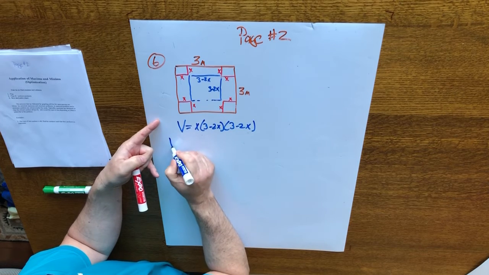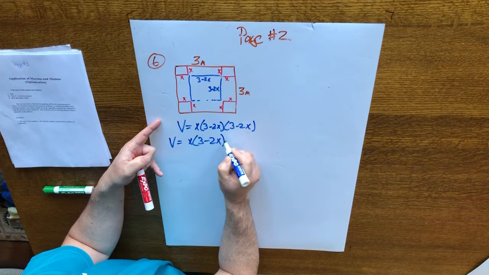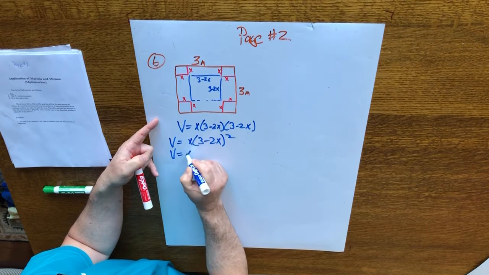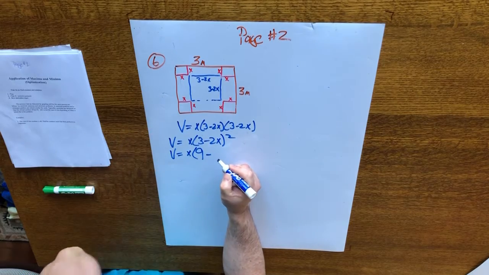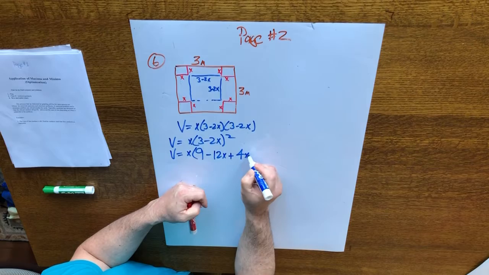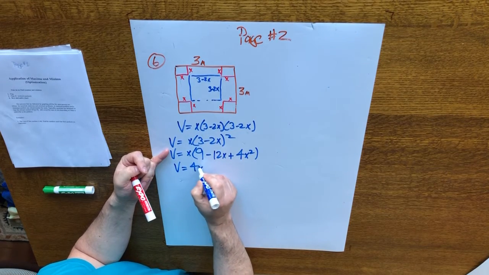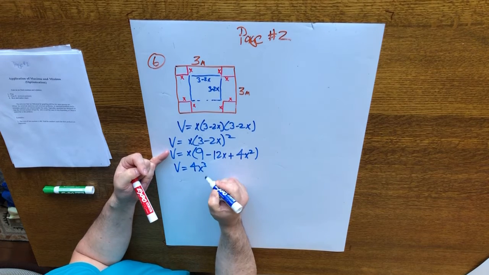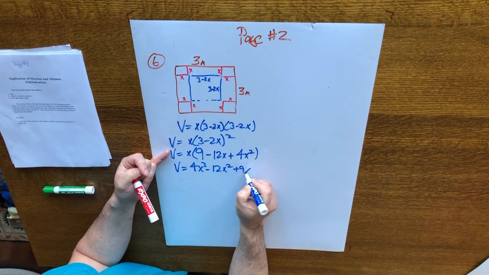So we're going to simplify that expression. Nine minus 12x plus 4x squared. So volume equals 4x cubed minus 12x squared plus 9x.